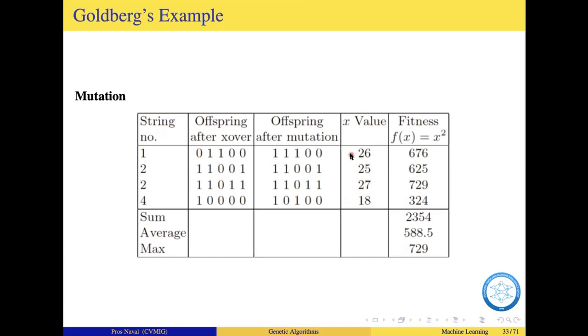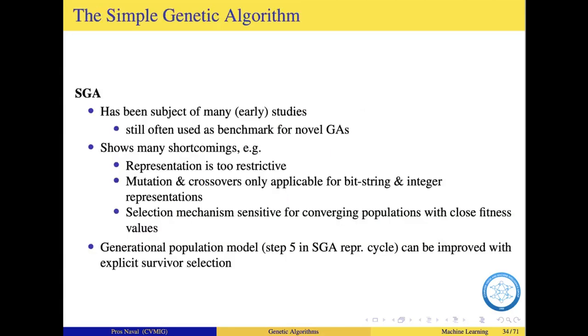So if you look at the values and the fitnesses, this is what will come out, and there's probably an improvement, but not necessarily, because this is random.